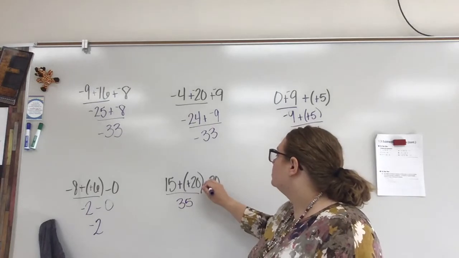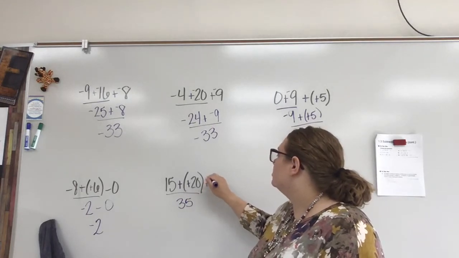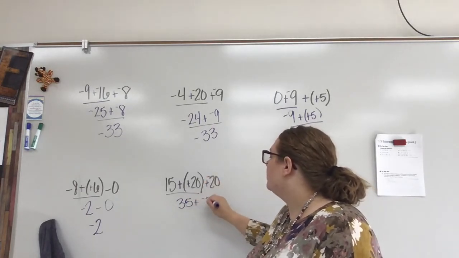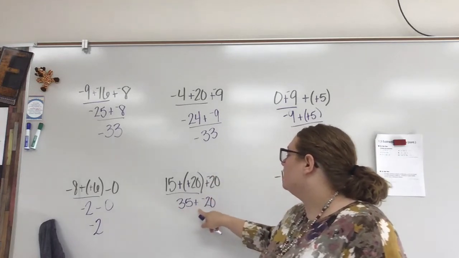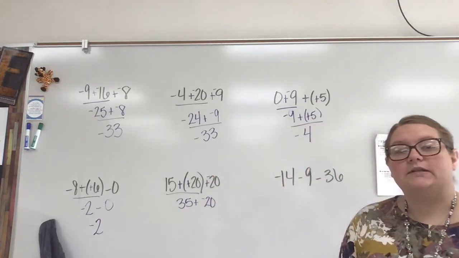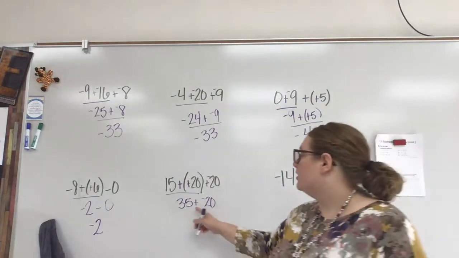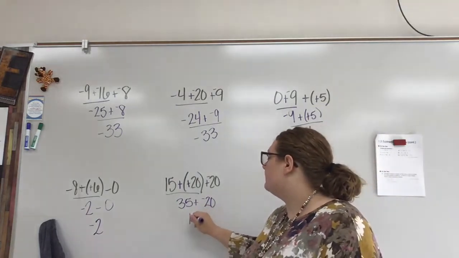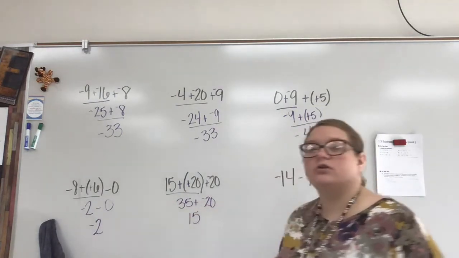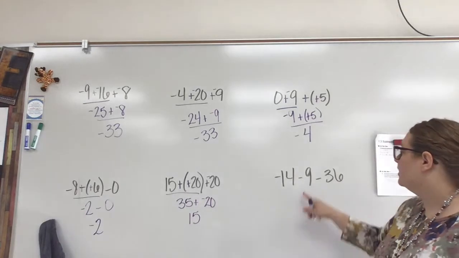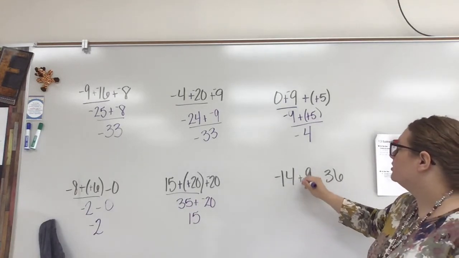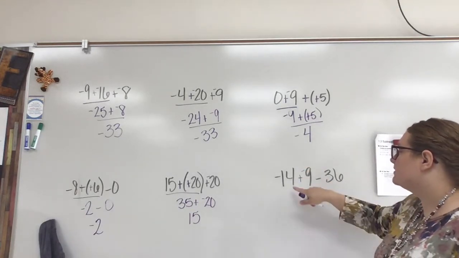And we can change subtraction to addition and change the sign of the following number. Again, 35 plus negative 20, opposite signs, so we subtract. 35 take away 20 is 15. Keep the sign of the larger, which would be positive. Change subtraction to addition and change the sign of the next number.